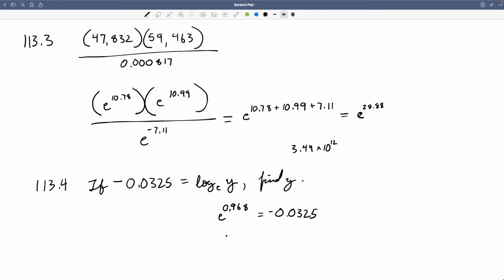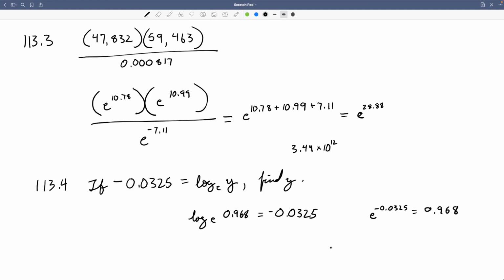Oh, I had it right the first time. Log e of 0.968 is equal to this, but we could also write it as e to the negative 0.0325 is equal to 0.968. All right, so those are saying the same things.